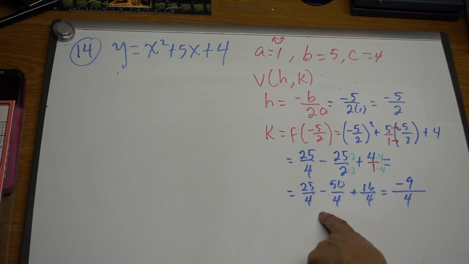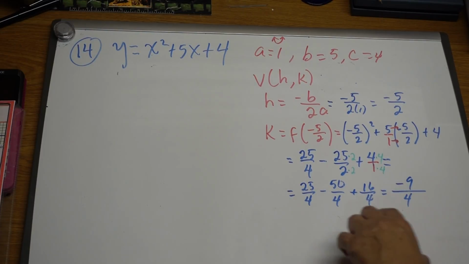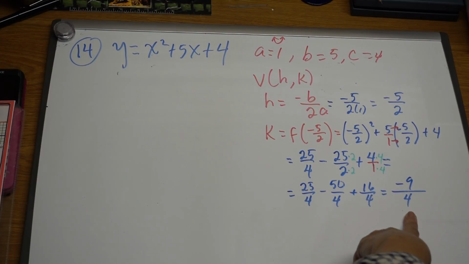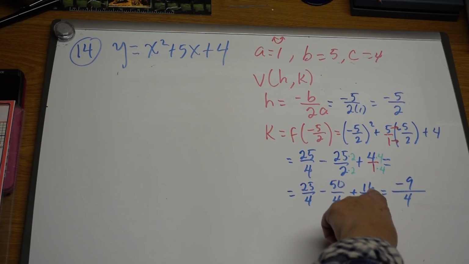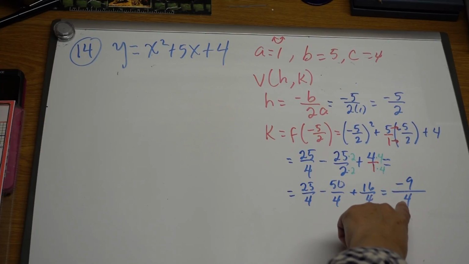So this one stays as 25 fourths, this one is now negative 50 fourths, and this one is 16 fourths. When we add all this together, the 4 stays there. That's what you do when you add or subtract fractions. The denominator doesn't change. 25 minus 50 is negative 25, plus 16 is negative 9. So k is negative 9 fourths.